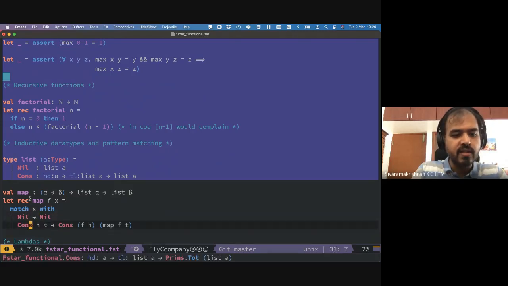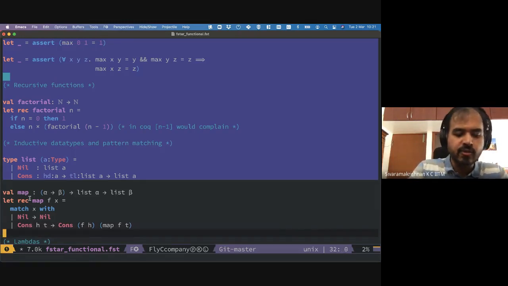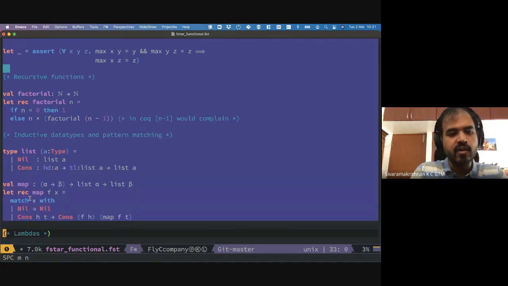If it is cons ht, then you apply the higher order function on the head, right? And you map the rest of the tail of the list, and then you cons the results together, right? This is the natural thing that we would write for the map function, and that just works. We use letrec. We have to use letrec here. And letrec, the syntax is similar to OCaml, so it's trying to stick to OCamlish syntax. So I'm just compiling it as we go along, okay.